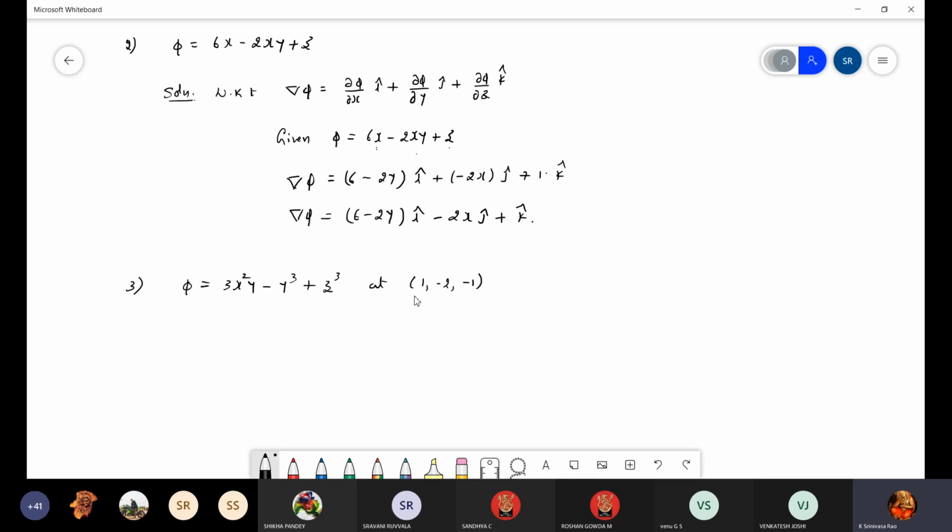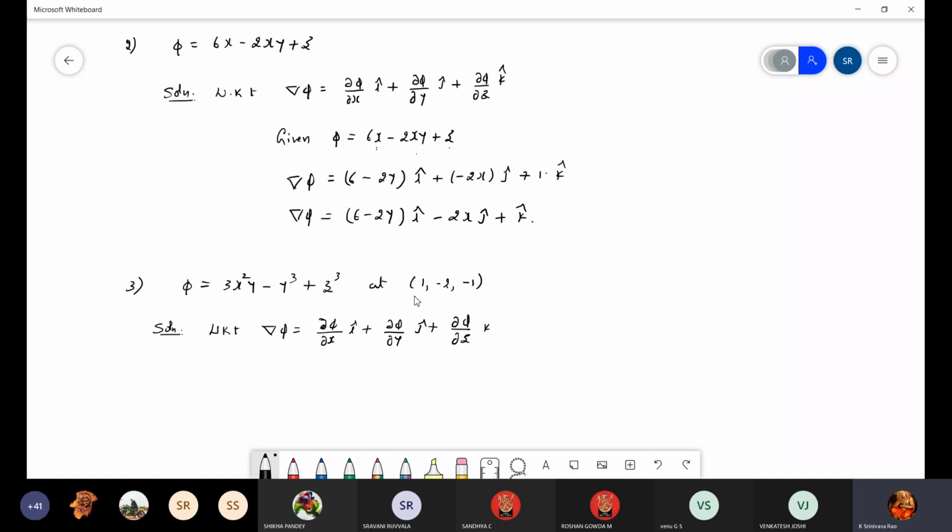So first solution, we know the same procedure: grad phi equals, write the formula, dou phi by dou x i cap plus dou phi by dou y j cap plus dou phi by dou z k cap.